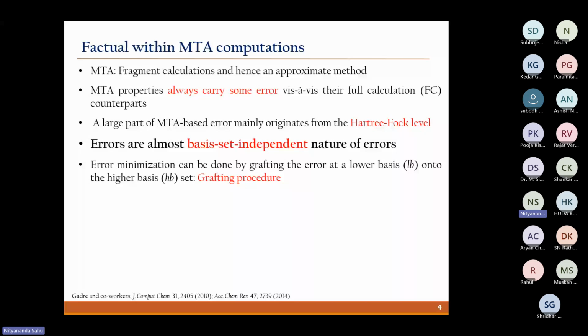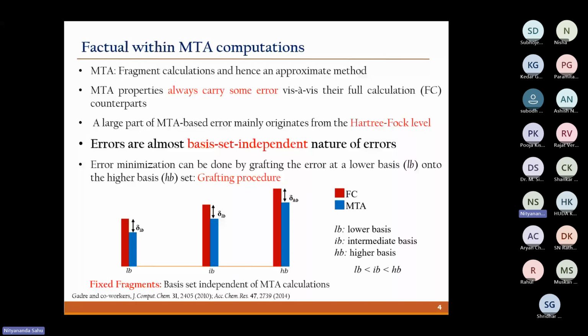This fact we have been using to correct the MTA based properties, and we are able to get better accuracy by using the basis set independent nature of the errors within MTA. So what does that mean? Let's say you have a given system and a given set of fragments.